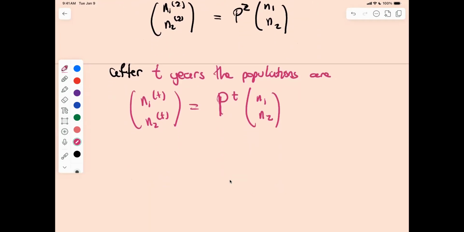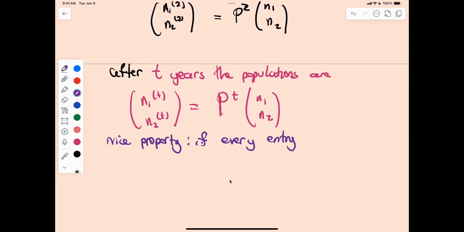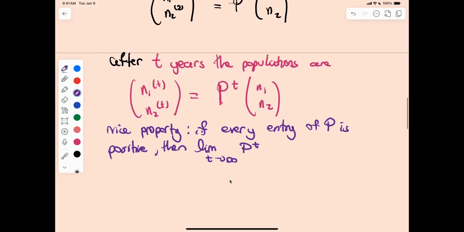But yeah, the nice property is that if every entry of P is positive, then the limit as t goes to infinity of P to the t exists, and moreover, in the limit, all the columns are identical.